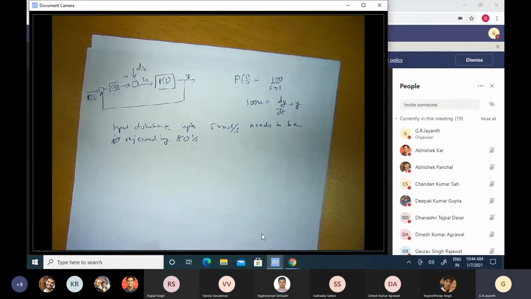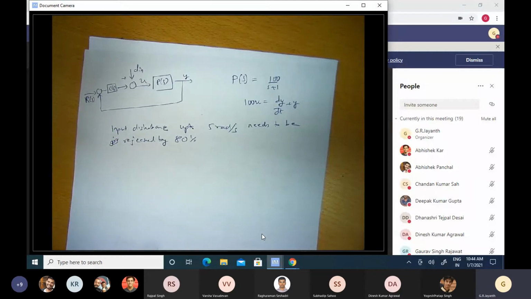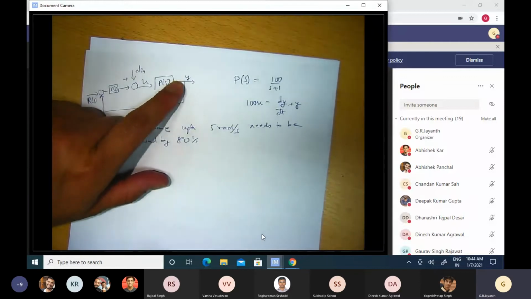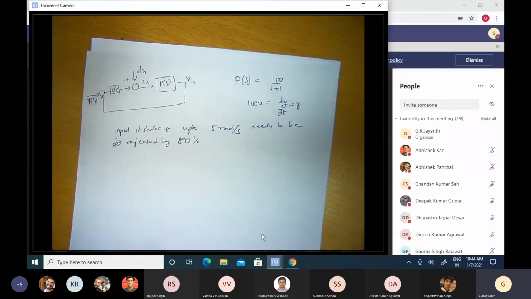The disturbance does not have any frequency content beyond 5 radians per second. So I need to worry about it only till 5 radians per second. And as long as I suppress all the frequency content by a factor of 5, or by 80%, till 5 radians per second, my entire disturbance will not affect my output too much. So this is the specification that has been given to me by my boss.